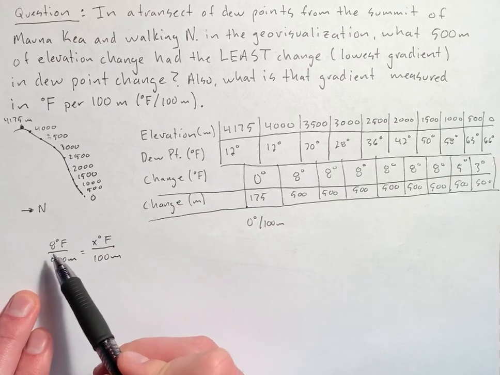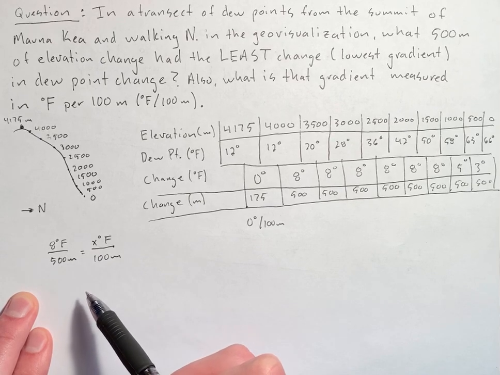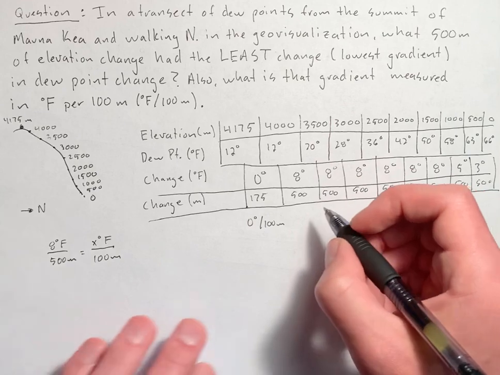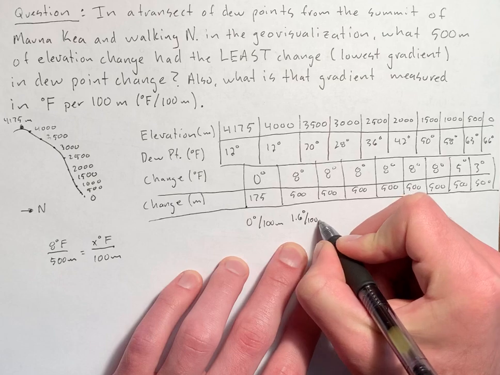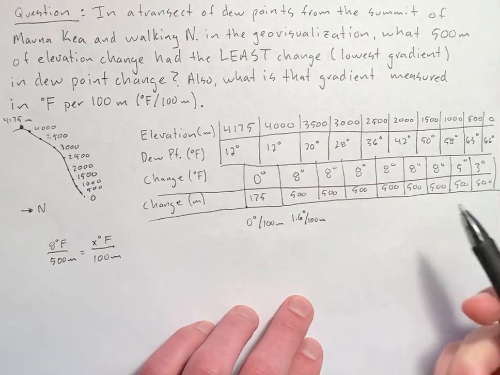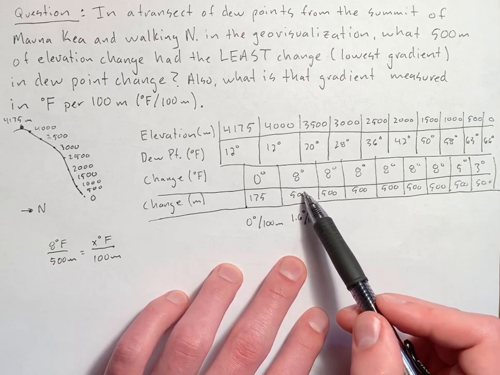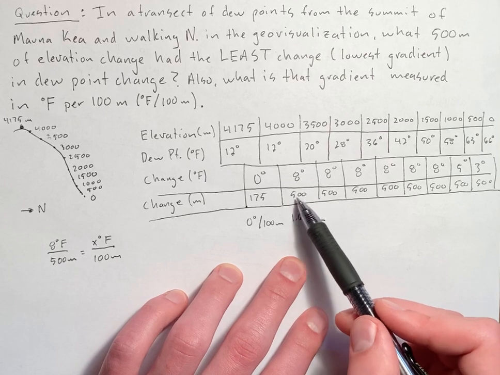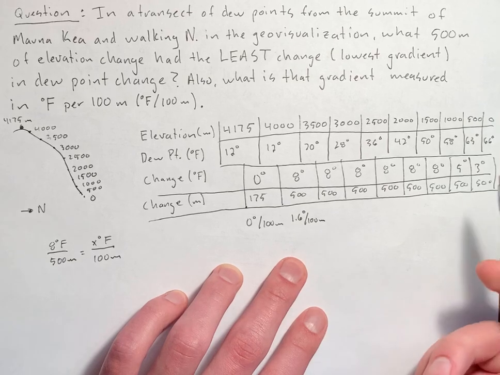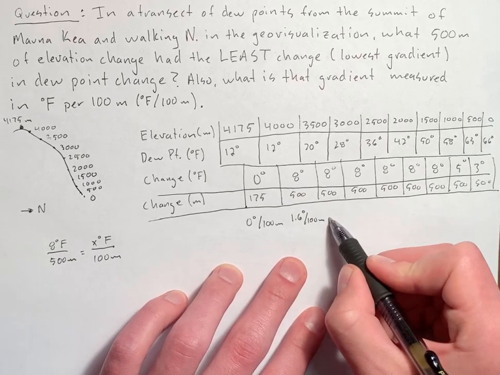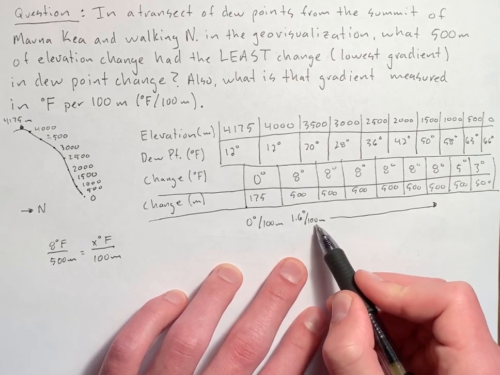So 8 times 100 equals 500 times x. You divide it out, you see that x equals 1.6 per 100 meters. Another way to do it is just that you know that 100 meters is 5 times less than 500. So you can just divide 8 by 5, which equals 1.6. And this is the same all the way across here. So all these gradients are all 1.6 degrees every 100 meters.